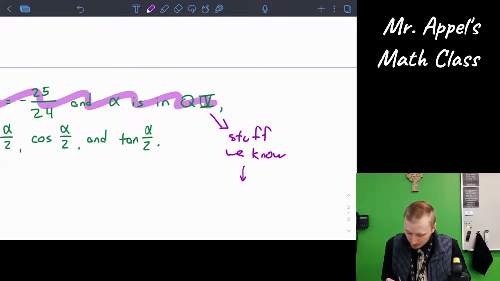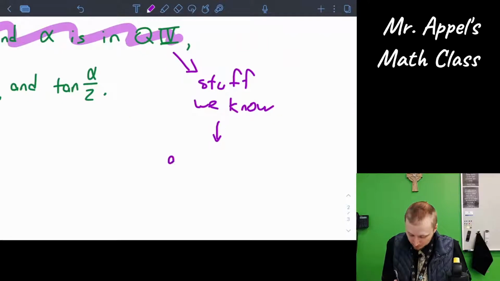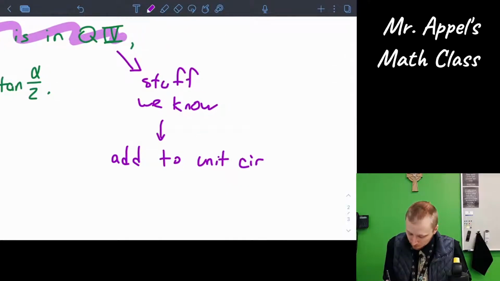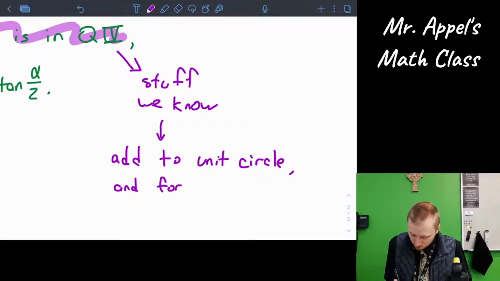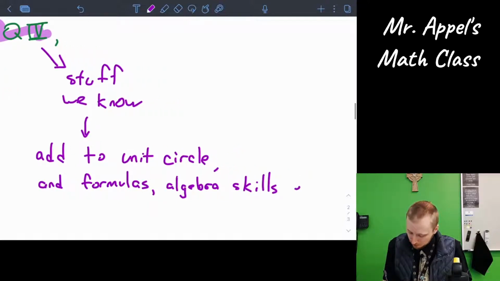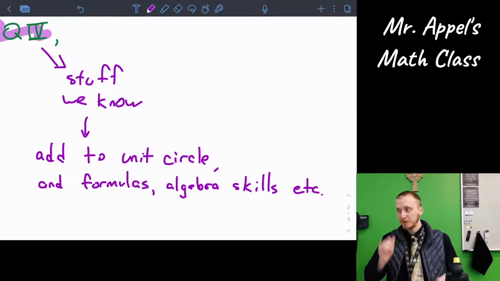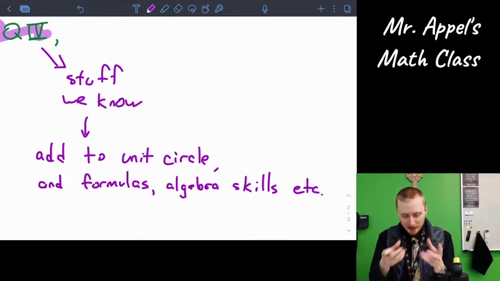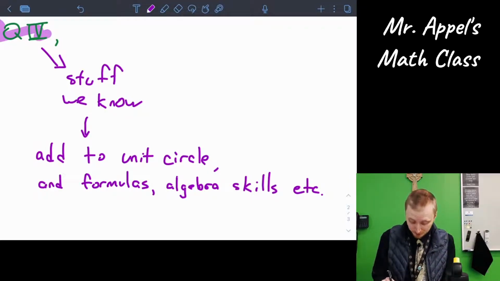And I can add on to that our unit circle, and our formulas, our algebra skills, etc. This is the particular bits that you already have for the starting stuff from the problem.